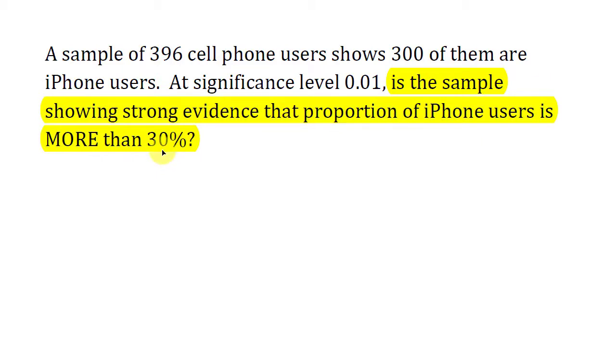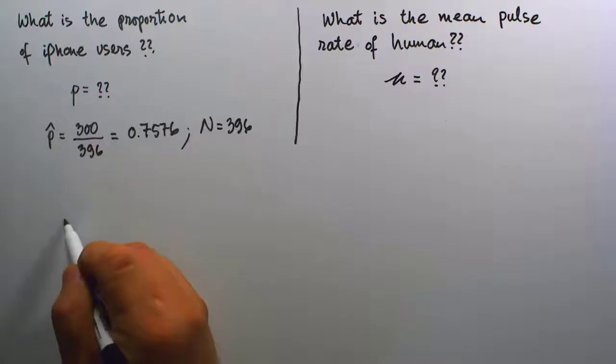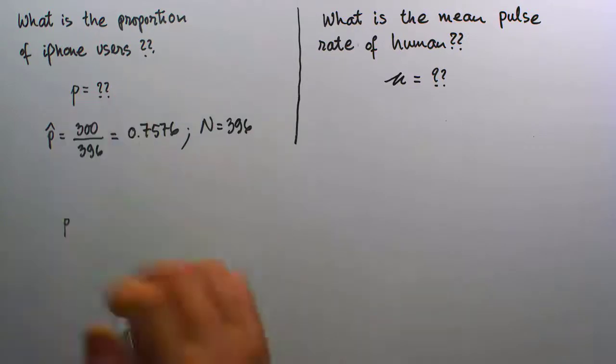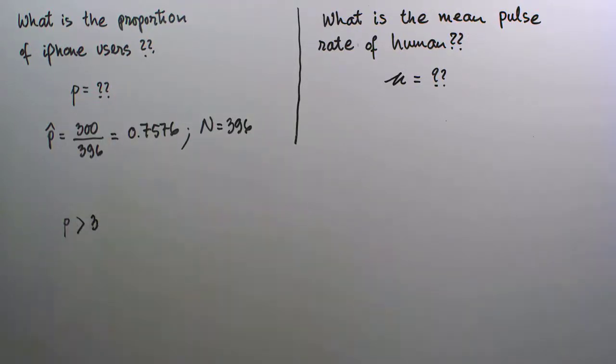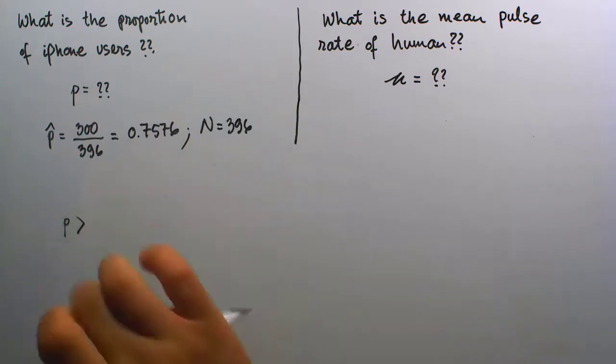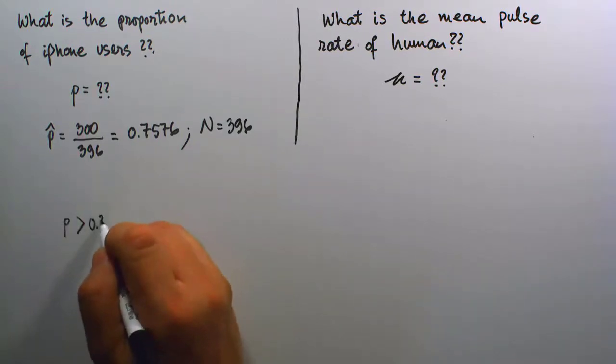So that means, logically speaking, this question wants us to prove that generally the proportion of iPhone users, which is back on my writing screen right here, P, the proportion of iPhone users, should be above 30%, or let's use a decimal, 0.3.